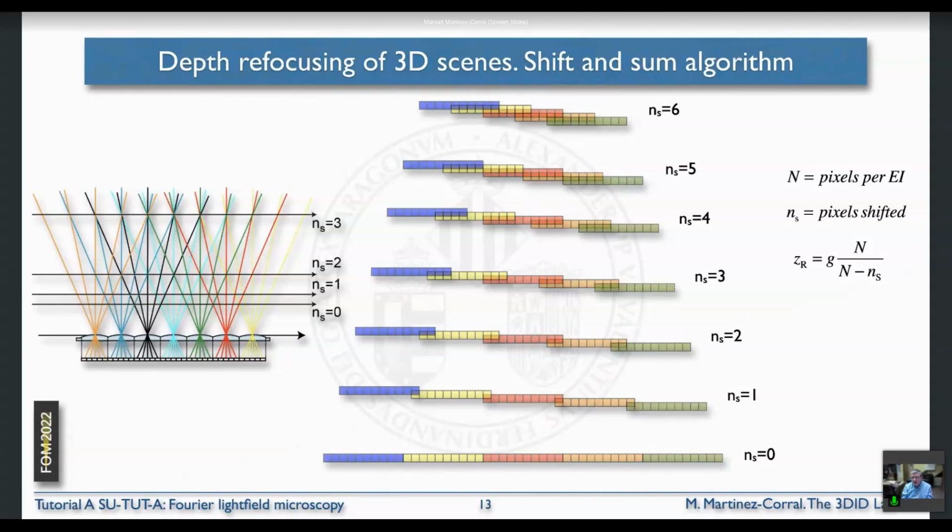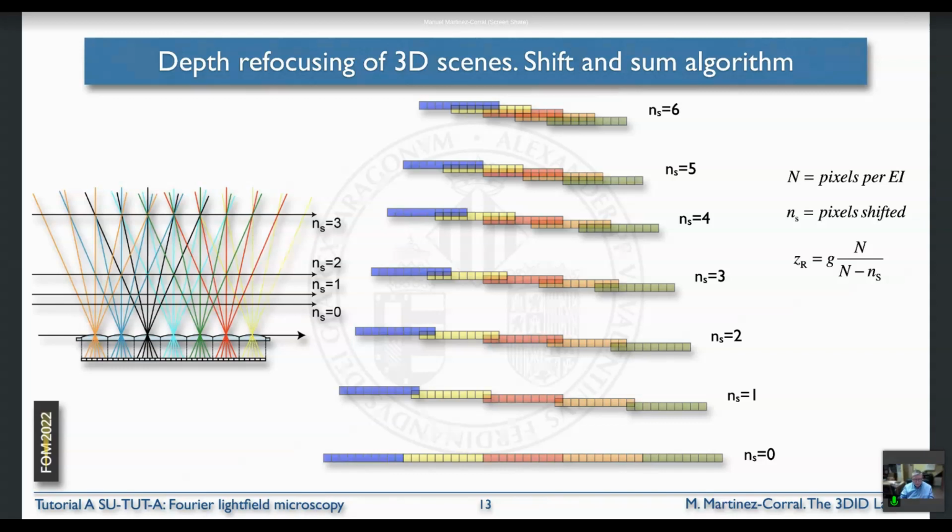How is this algorithm usually implemented? It is implemented in the following way. In fact, we take the original elemental images, we shift them an integer number of pixels with respect to each other, and later I sum the values of the pixels.